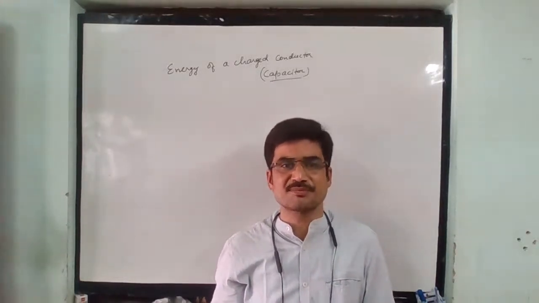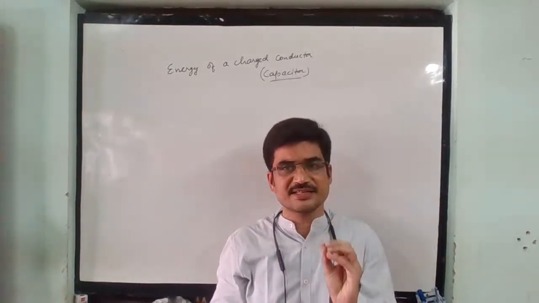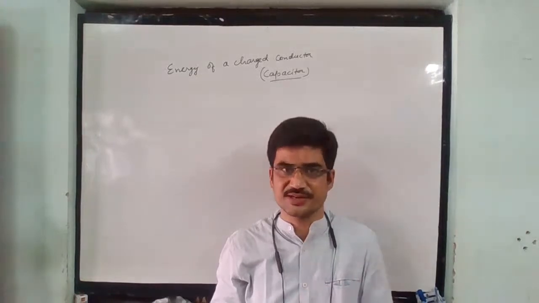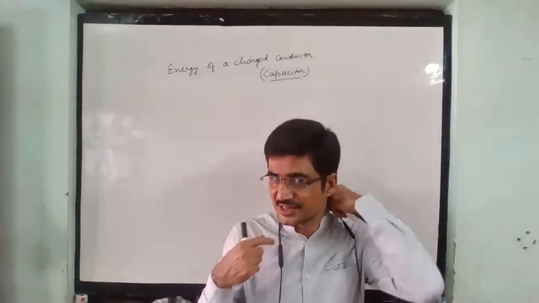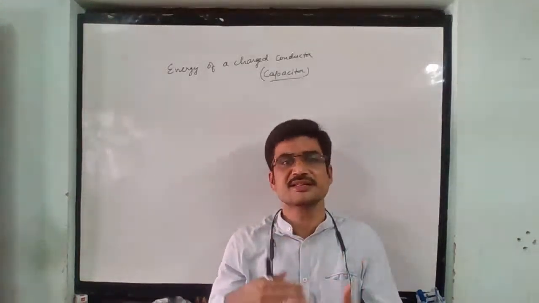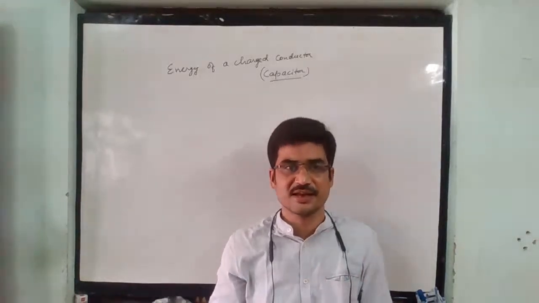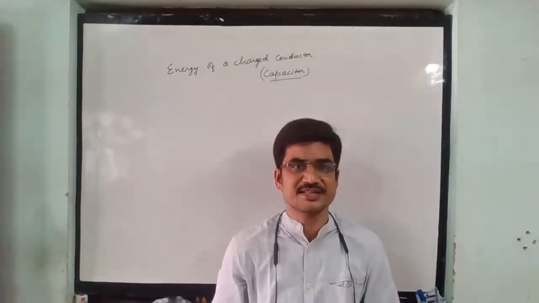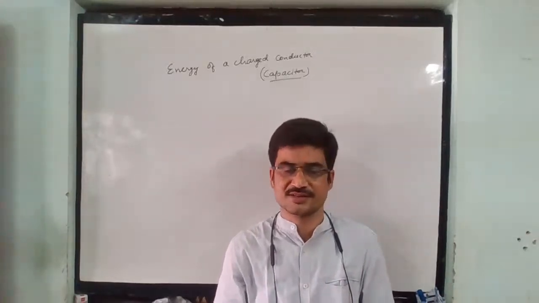Suppose we have a conductor and its initial charge is 0. There is no charge on the conductor, and when we are charging it, its potential will be raised. If the potential is already increased, it opposes further charge.